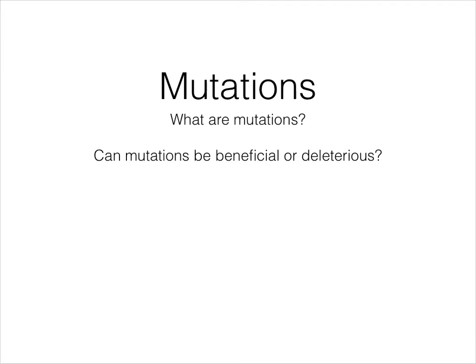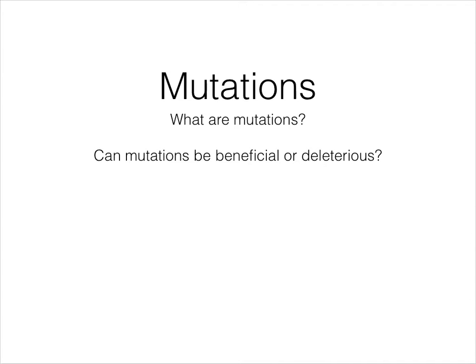So mutations can be either beneficial or deleterious, and the way you can know this is depending on the environment. For example, the environment can play a role in depending on what kind of phenotype the mutation causes.